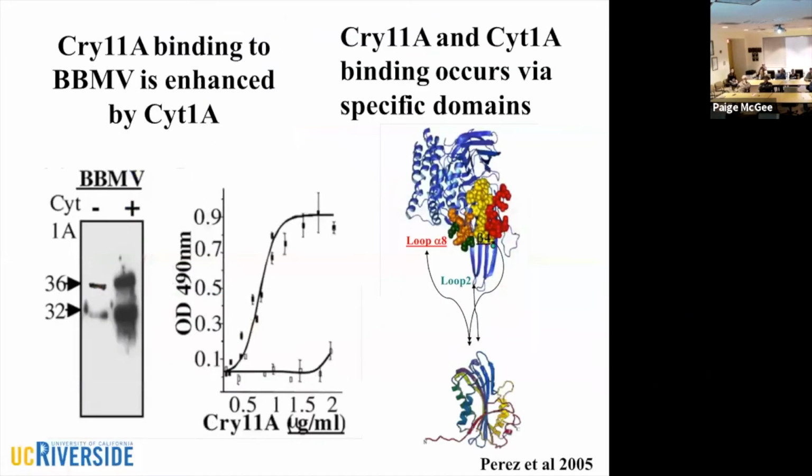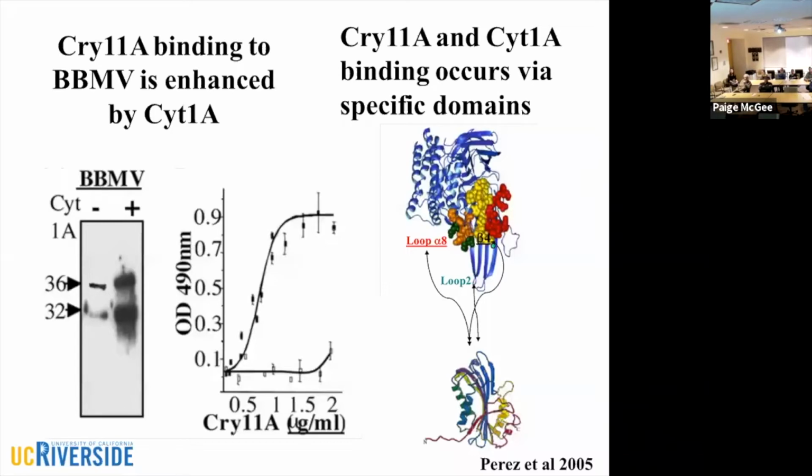I'm going to show you one particular slide of data. You see on the left-hand panel the BBMV, which is incubated with the cyt toxin or without the cyt toxin. In the left lane, without the cyt toxin, you see that cry11A only binds a limited amount. But if you add cytA, it shows there is a large amount of binding.